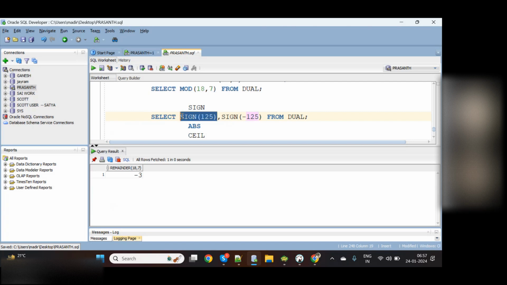If it is a negative number, it gives minus 1. It just shows the sign only.